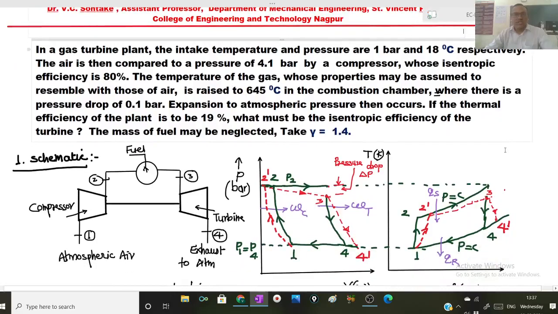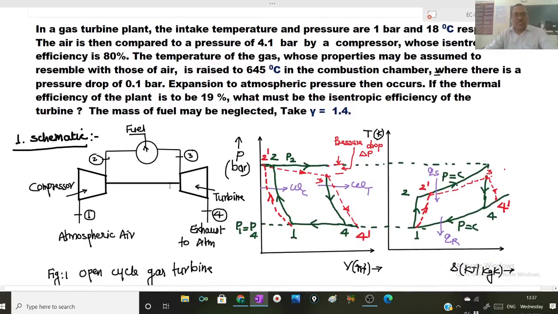So let us draw the schematic of this problem first. From the problem statement it is clear that it is an open cycle, because gas after expansion in the turbine is directly exhausted to the atmosphere.